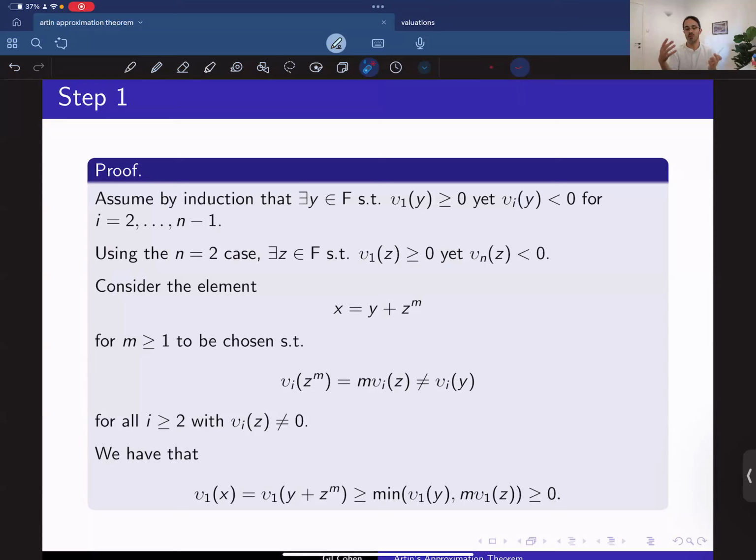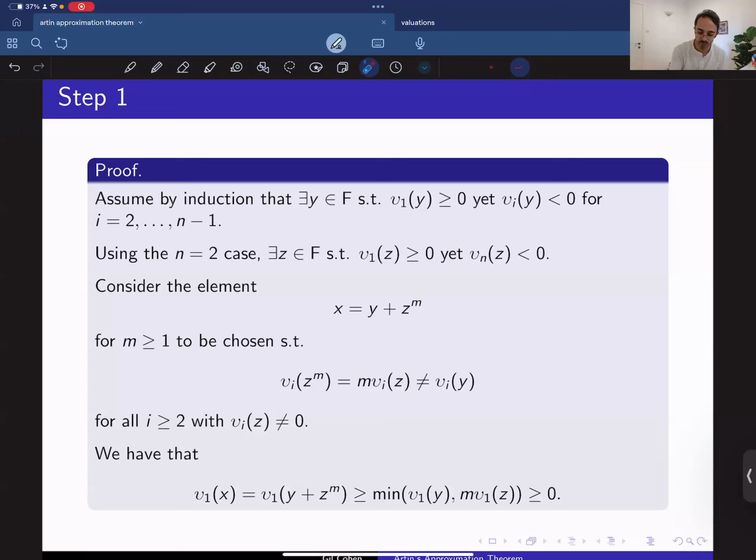And now you somehow want to take this Y and Z. So Y works well for the valuations 1 up to n minus 1, but not n. And Z works well for the valuations 1 and n, but not 2 up to n minus 1. And you kind of want to cook up an element that works for all of them.